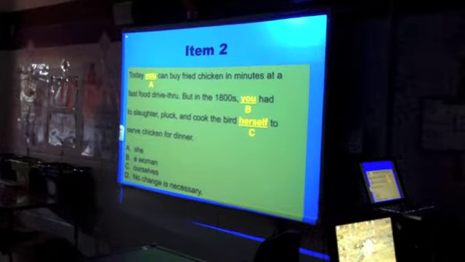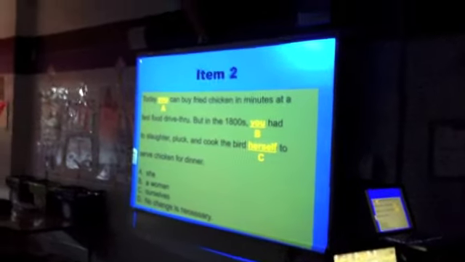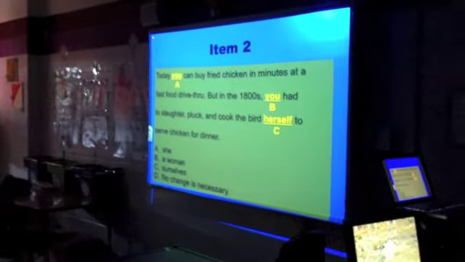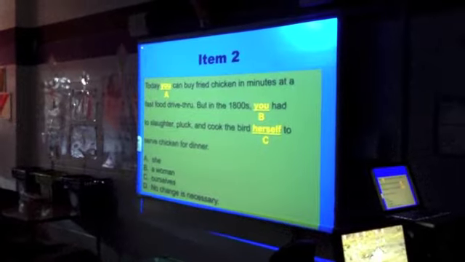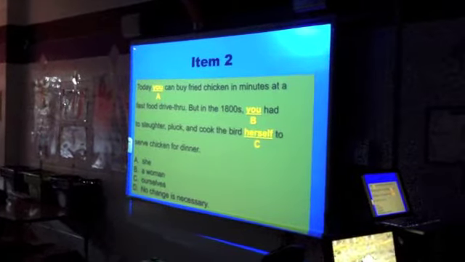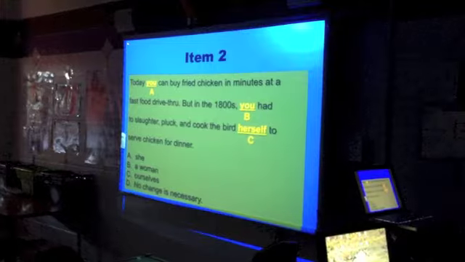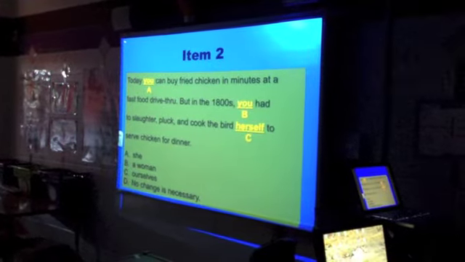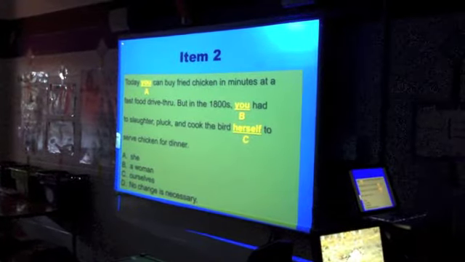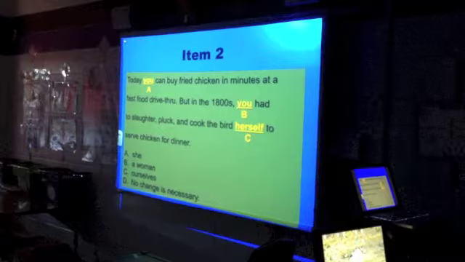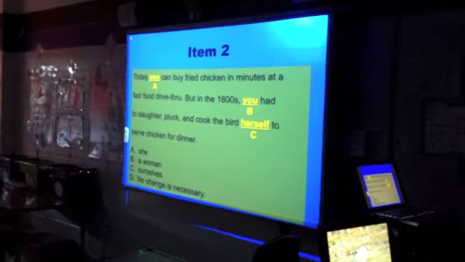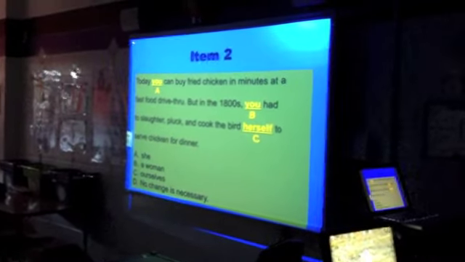It printed out the slide at the end. So look at number 2. Which one would I change? Herself. I would change herself. No, we changed you. Because that's second. You would change the you to a woman.